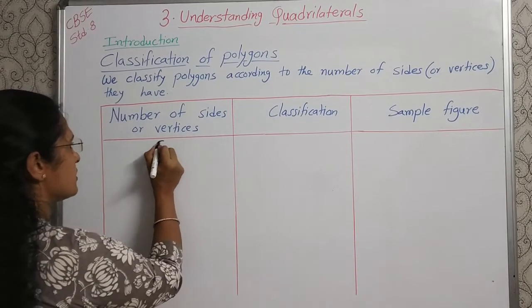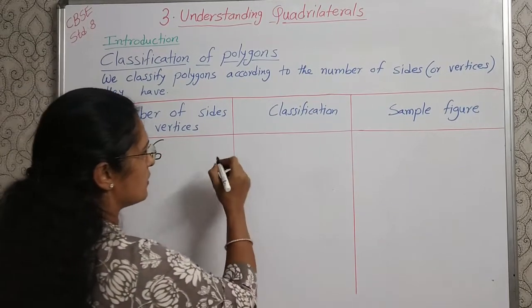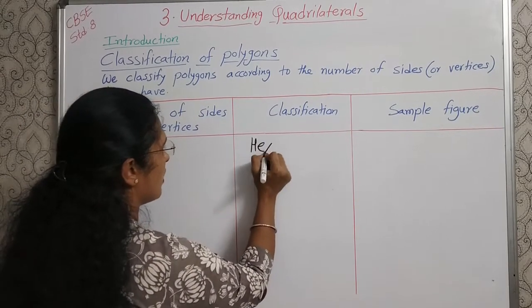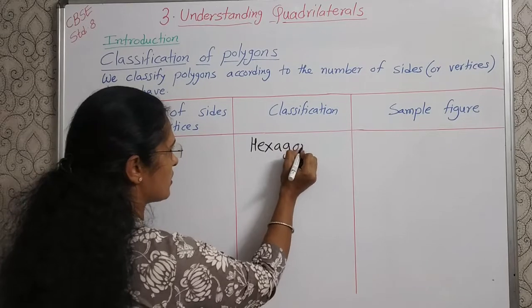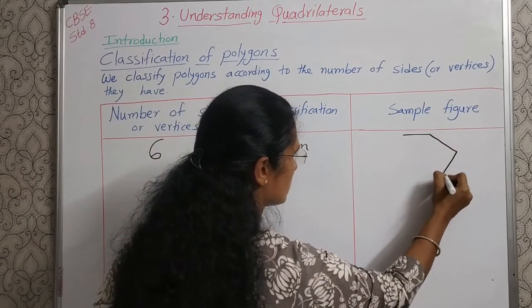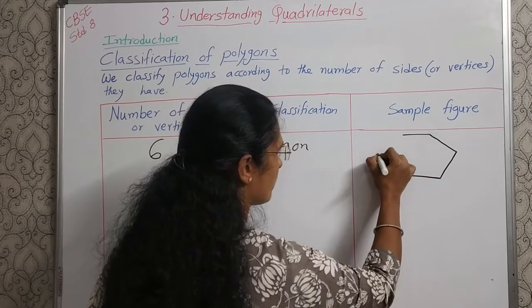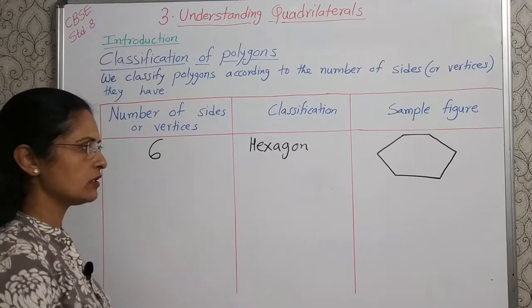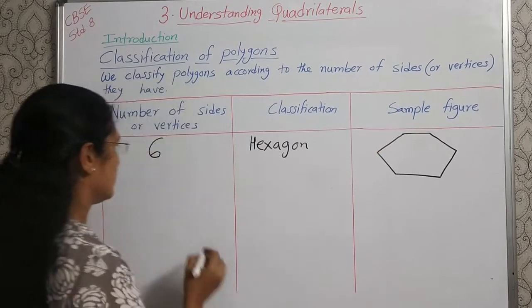Now a 6-sided polygon is a hexagon. Hexa means 6, hexagon, 6-sided figure. So 1, 2, 3, 4, 5, 6. This is a hexagon, a 6-sided figure, and 6 vertices are also there.